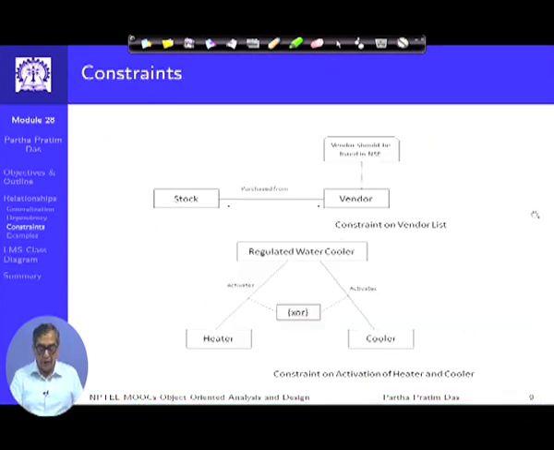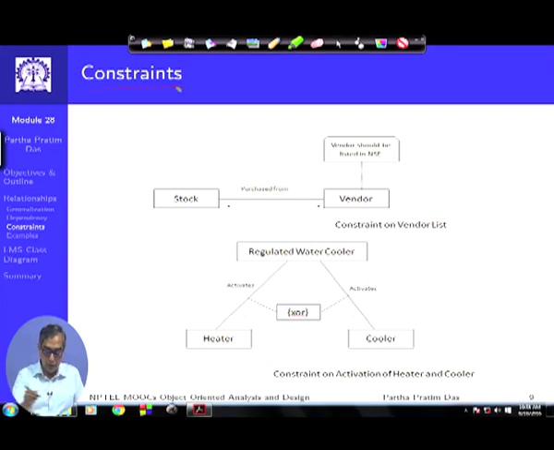Yet another form of relationship could be expressed in terms of constraints. So, for example, let us say there are two forms that we have shown here. There is a class stock and there is a class vendor. So, basically it is a scenario of procurement.